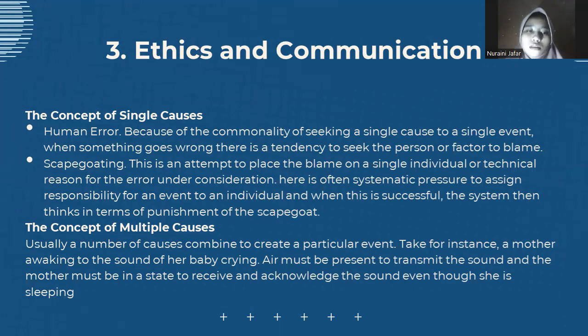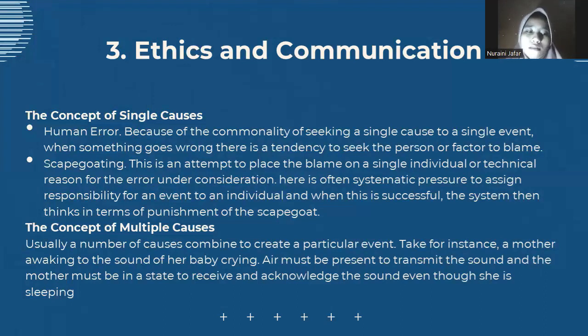Even though you try to get perfection, you cannot get it because you will find a tiny error or tiny problem in there. And the second point is scapegoating, which means mengkambinghitamkan. You will blame someone or something for the problem that happened in your task or your program.